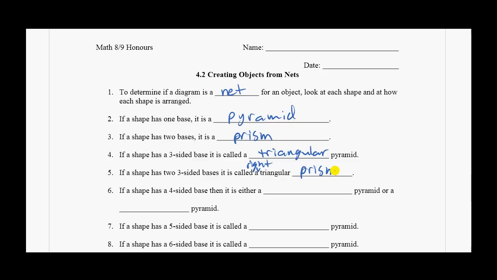If a shape has a four-sided base, so one base, again a pyramid, then it could be either a square pyramid, if all four sides are equal, or a rectangular pyramid.